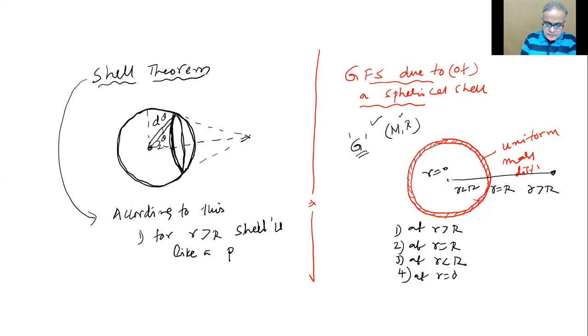What do you mean by that? At this point, r greater than R, I can simply write Eg equals GM by r square.